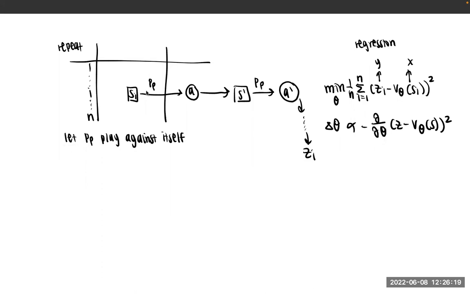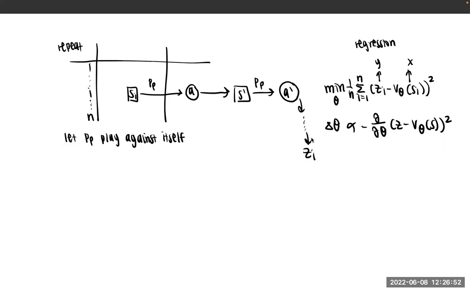so that at each state S, you can then predict the result Z_i. And you not only do this for this S_i, but you can also do this for S prime here, and also for future S. But the point is that as you get closer and closer to the end, your prediction should be more and more accurate, because there are many different trajectories, a lot of fluctuation.